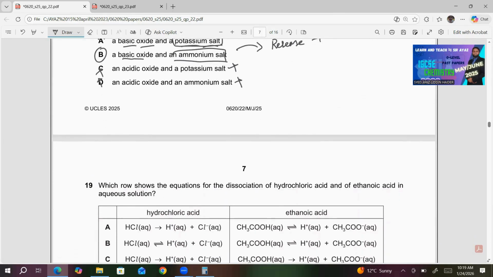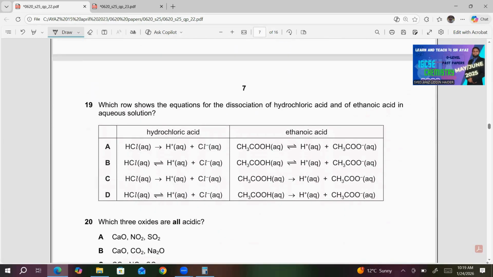Moving to next MCQ, which is 19. Which row shows the equations for the dissociation of hydrochloric acid and of ethanoic acid in aqueous solution? Hydrochloric acid is a strong acid, while ethanoic acid is a weak acid.